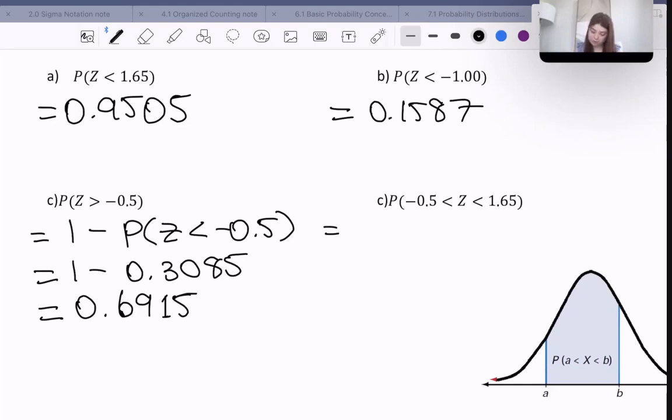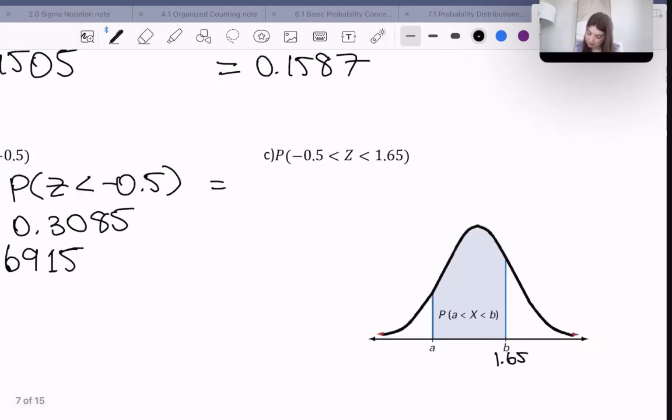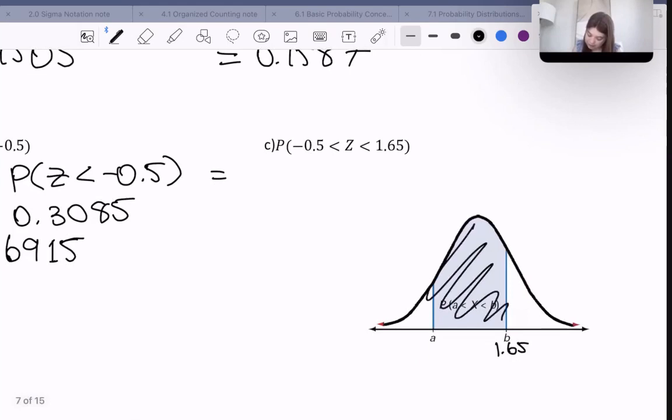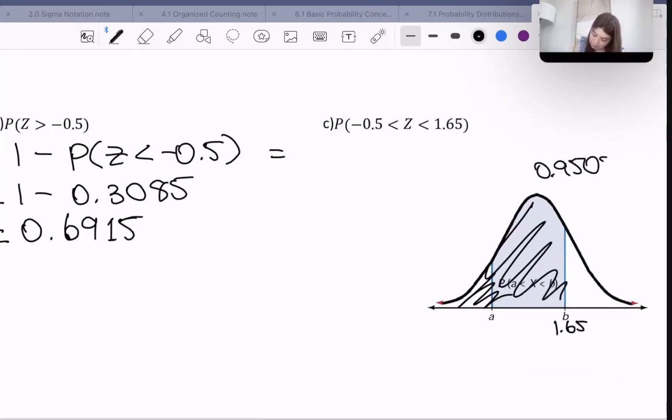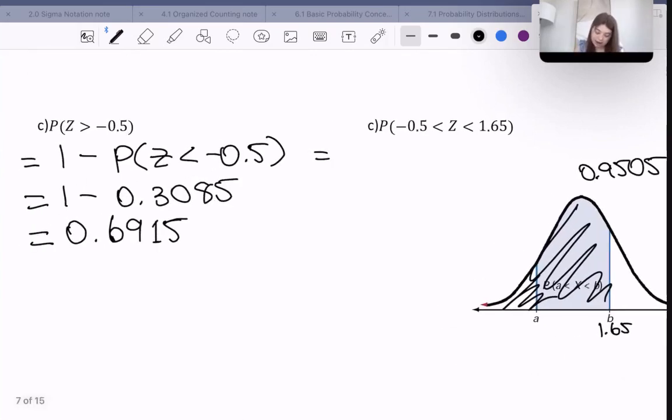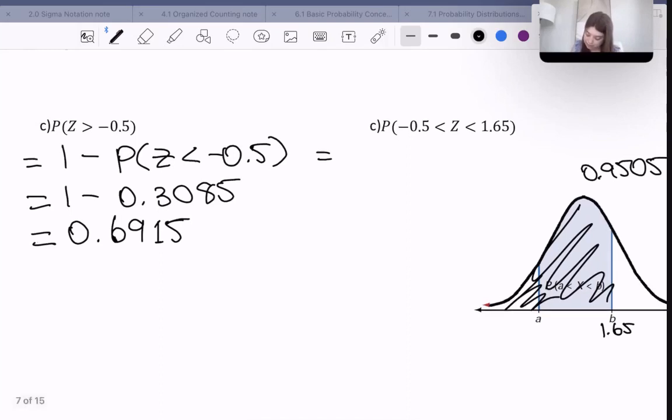Well, we know the probability from here down, let's say this is 1.65, all of this, is going to be 0.9505, and we want to subtract off the place where it's less than negative 0.5. So let's say this is negative 0.5. We want to subtract off this piece.